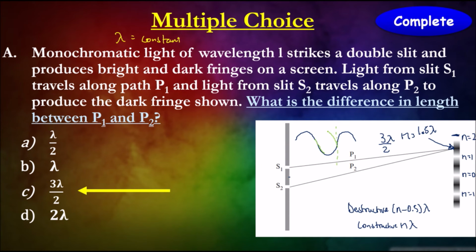It starts from here, goes up, and then comes back down like so. So what you can see is this point here would cancel out this point here, and same idea, this point here would cancel this point here, and so that's where the destructive interference occurs. That's what we mean by the half. It means the wave is half a wavelength behind the other.